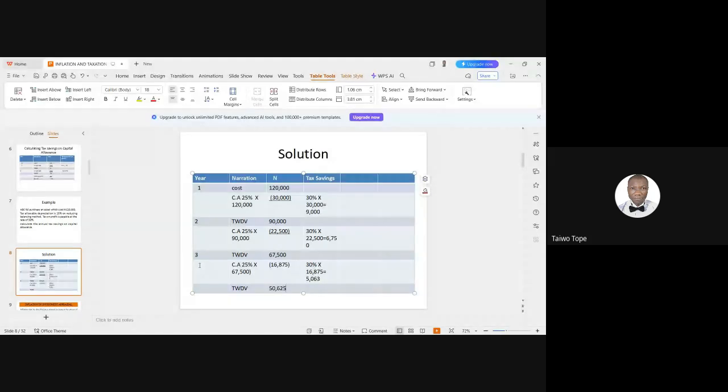Now, as at year 4, what will be your capital allowance? 12,656.